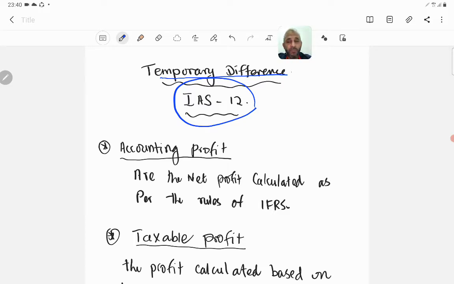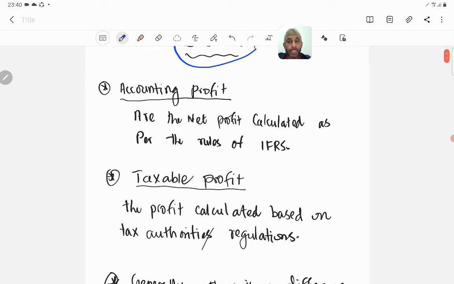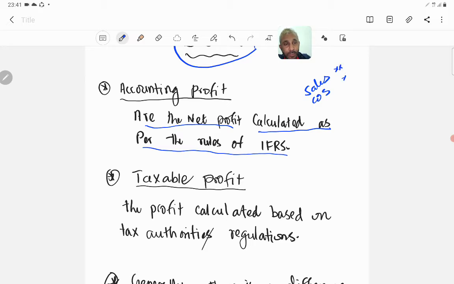slowly or gradually. First, as an accounting student, we all know what an accounting profit is. Accounting profit is the net profit that we calculate as per the rules of IFRS. Now, we know that we have sales, we have cost of sales, so we will subtract the cost of sales and then we will arrive at the gross profit, and then we will subtract expenses.